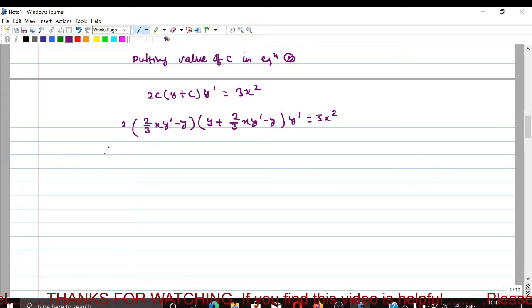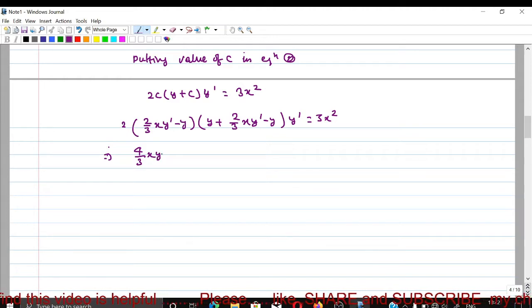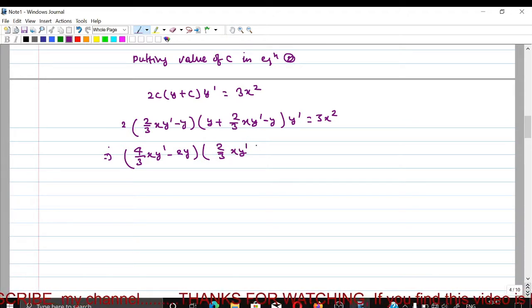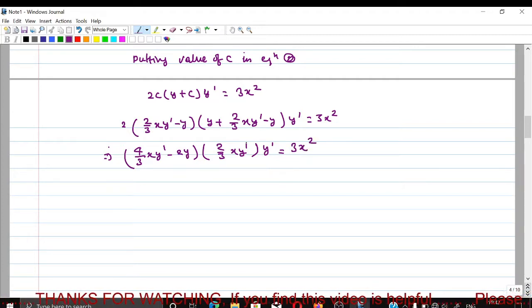Just simplify this: 4 by 3 x y dash minus 2y minus 2 by 3 x y dash, because y will cancel out, into y dash equal to 3x square.